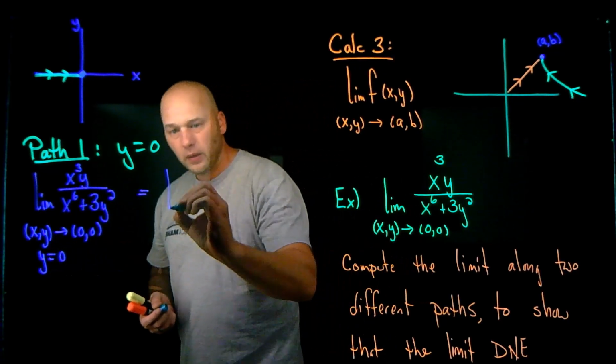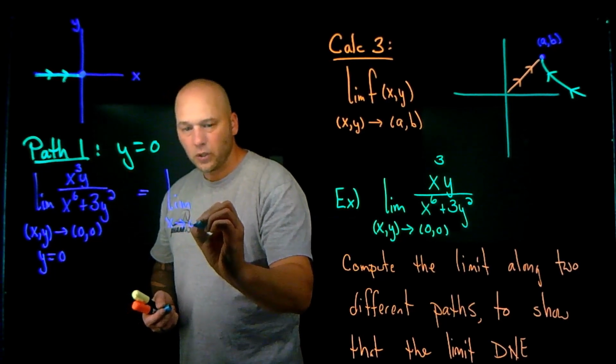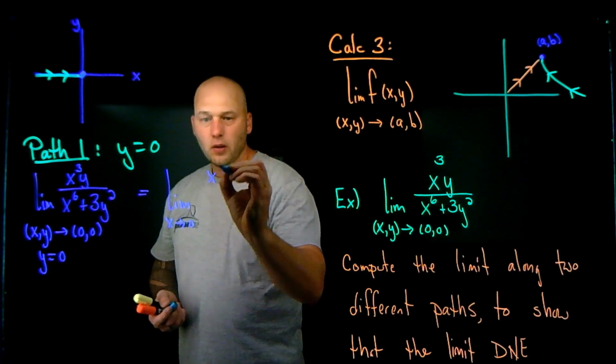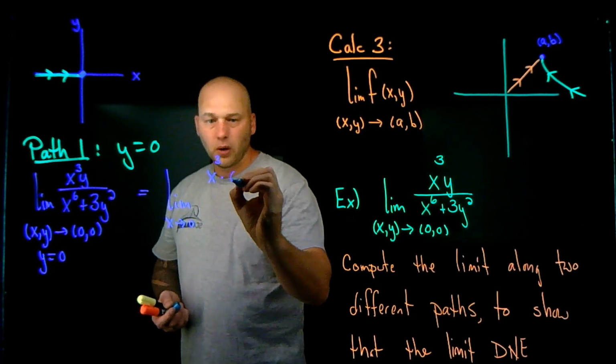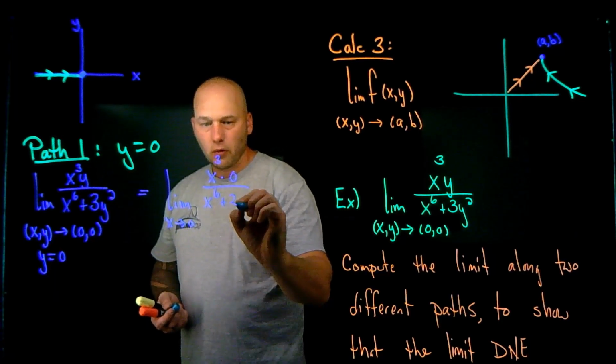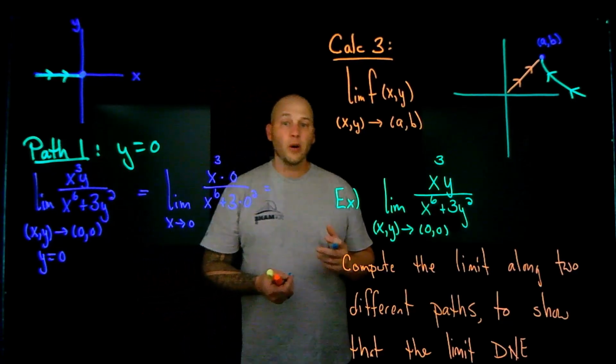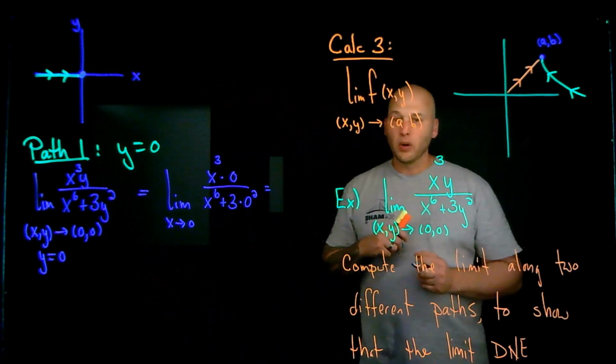This would be the limit as x approaches 0 of x to the 3rd times 0 over x to the 6th plus 3 times 0 squared. Now, notice in the numerator, I'm multiplying by 0.